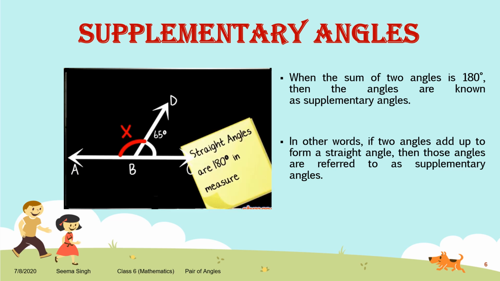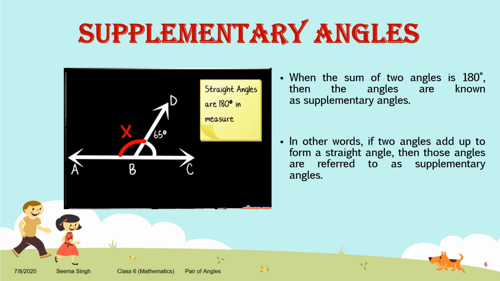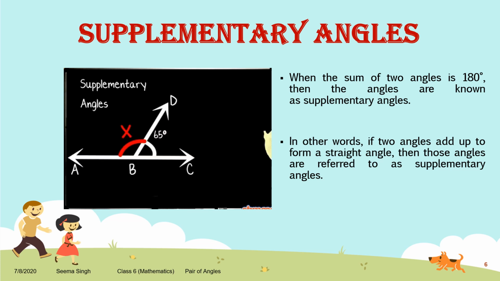Now, if we need to calculate angle ABD, we get it by subtracting from 180 degrees because ABC is a straight angle. So angle ABD is equal to 180 minus 65, that is 115. So we can say now that angle ABD and angle DBC are supplementary to each other.